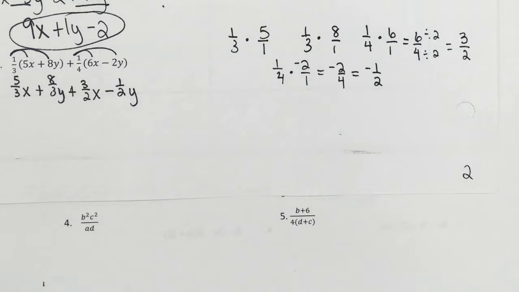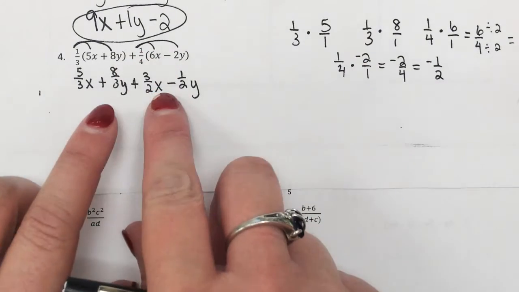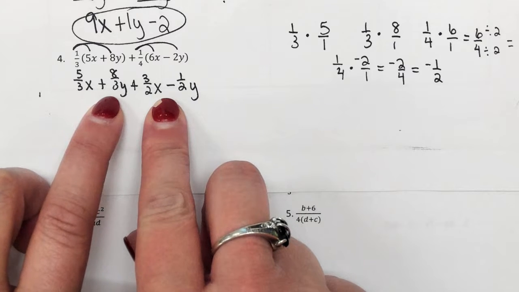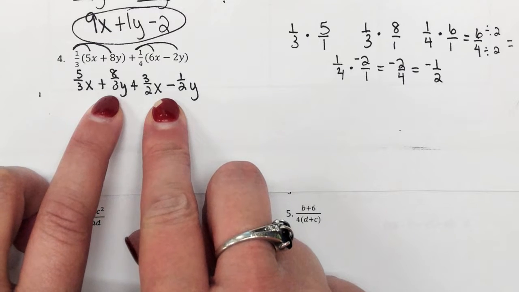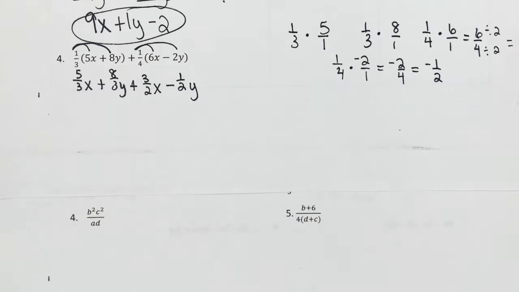Okay, who in here likes dealing with fractions? Anybody? I don't really like dealing with fractions either. So, I can get rid of these fractions, okay? Let's look at the bottom, guys. What are the denominators? 3 and 2. So, to get rid of them, I can multiply by the common denominator.